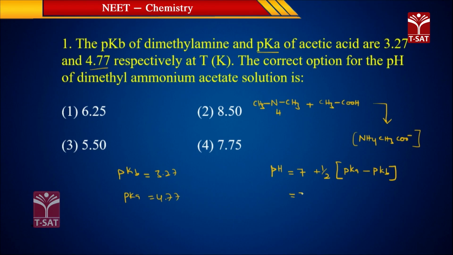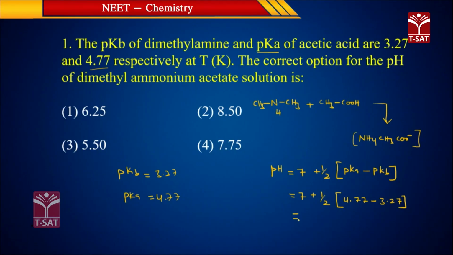So pH is equal to 7 plus half into (4.77 minus 3.27). If you solve this, you will get the answer as 7.75, which is option 4.